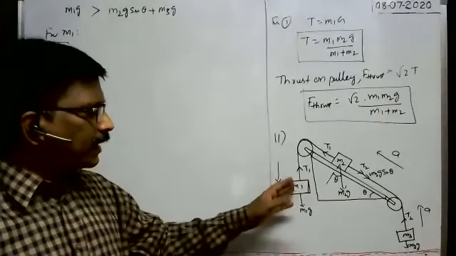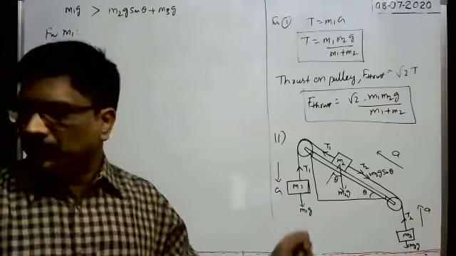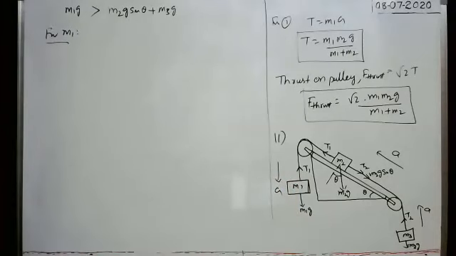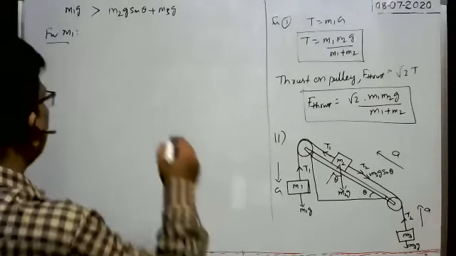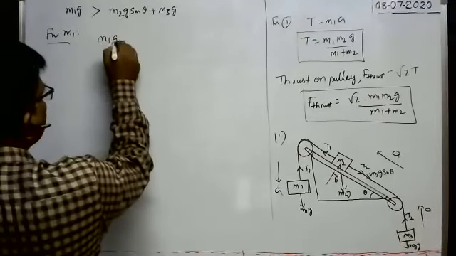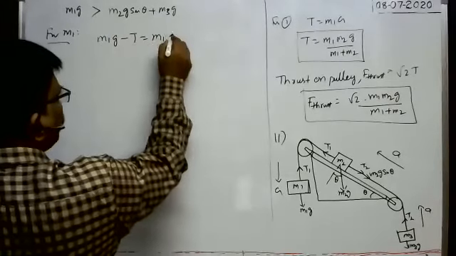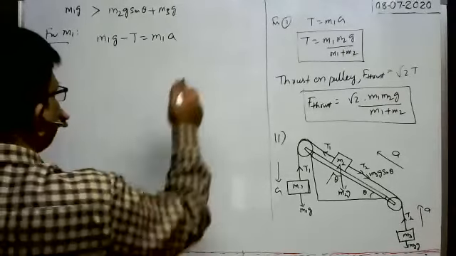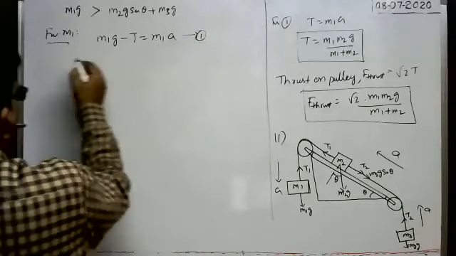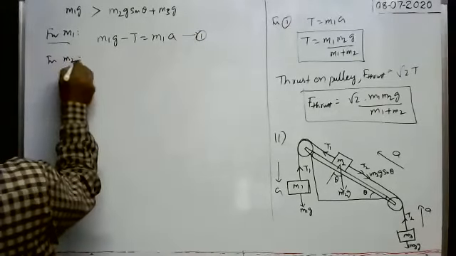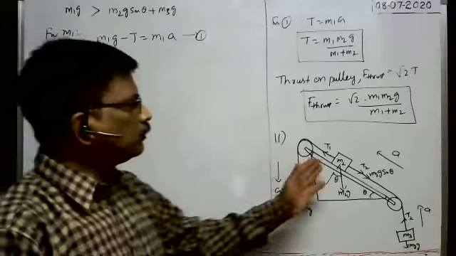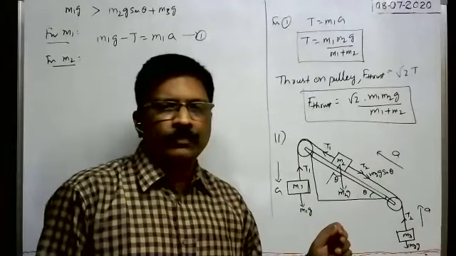That is, the net force acting on the block downwards is equal to M1 into a. So M1g minus T1 is equal to M1 into a. That is equation 1, say. Next, for block M2, how can we write it?